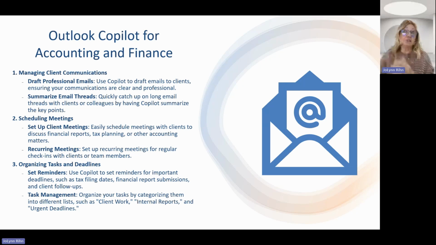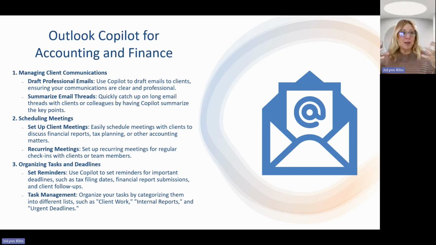Another example, that number 2, is scheduling meetings. So Copilot can actually help us set up those meetings. It does so much with meetings, it's kind of crazy. I don't do much with my emails if I don't have Copilot involved. It just is my true Copilot.